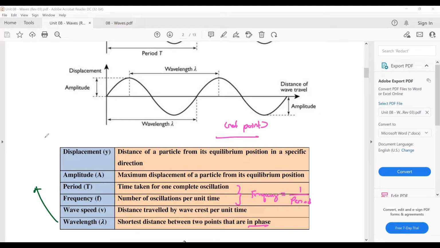Wavelength can also be worded differently.